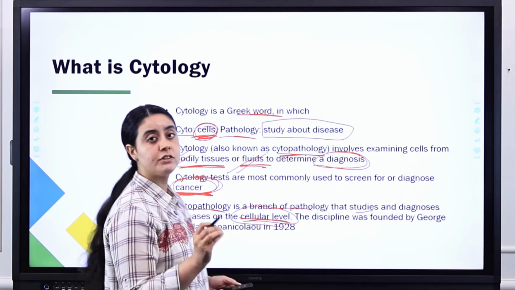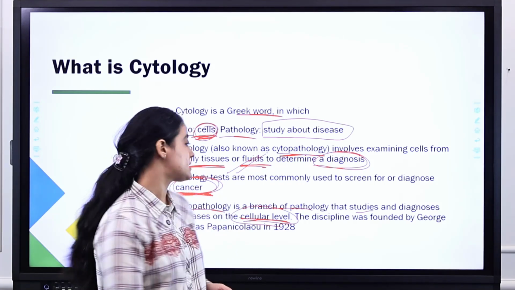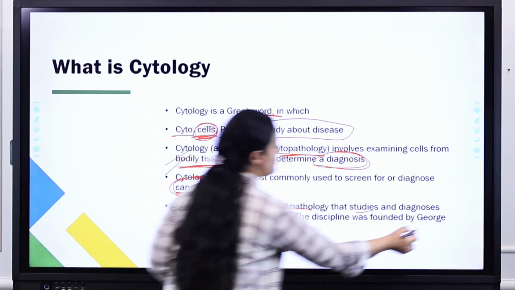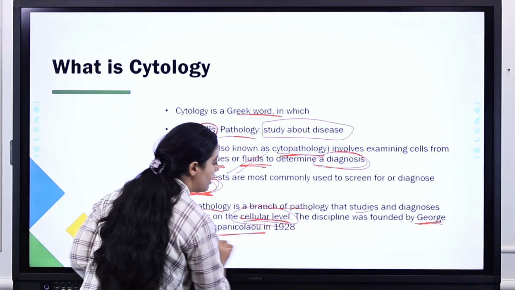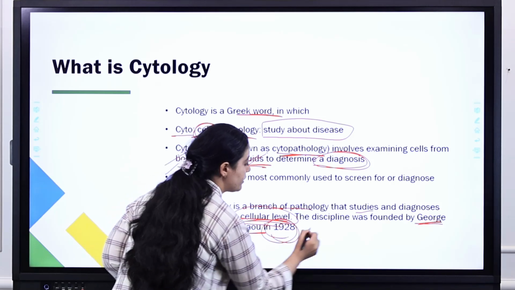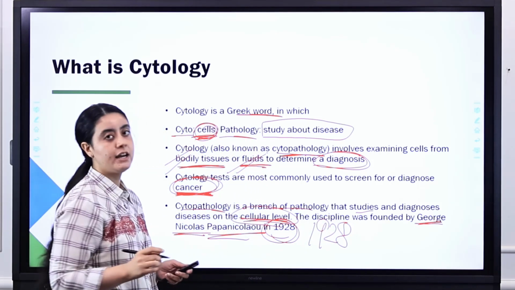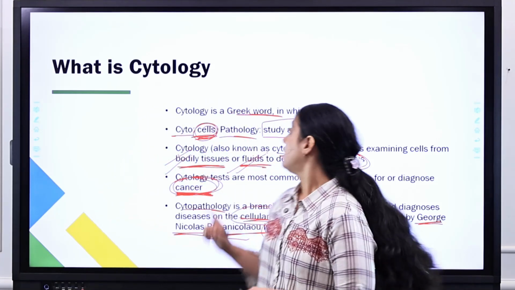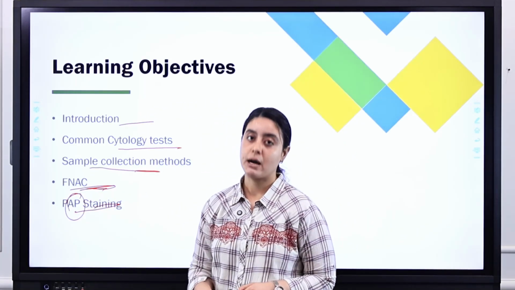This discipline, known as cytology or cytopathology, was developed by Sir George Nicholas Papanicolaou in 1928. That is why, as I told you in the learning objectives section, we are going to discuss Pap stain also.